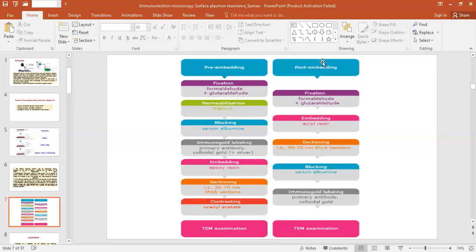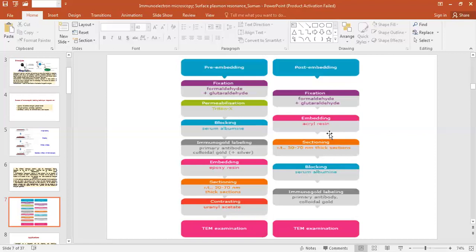In the case of the post-embedding process, after fixation, we go for embedding. And here we are not adding epoxy resin. Instead, we are using acrylic resin. Then we go for sectioning. Tissue sections of similar thickness would be preferred.